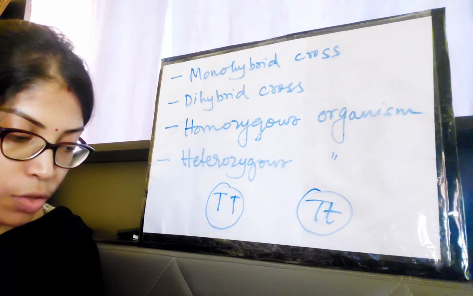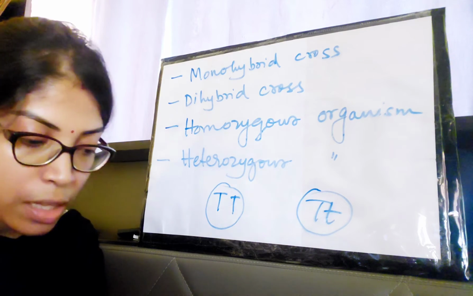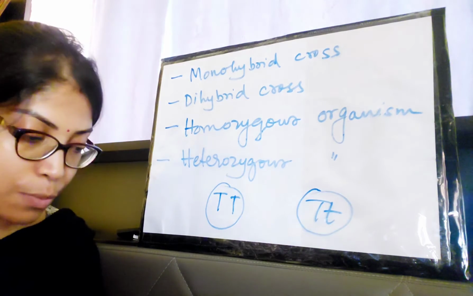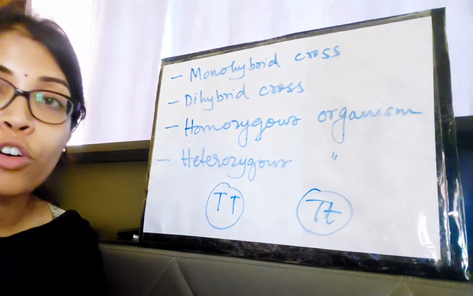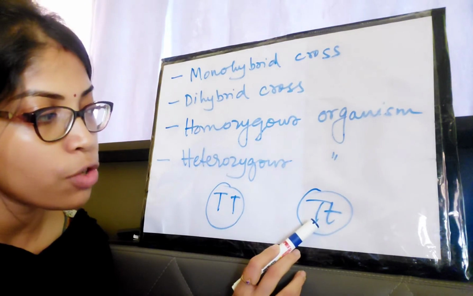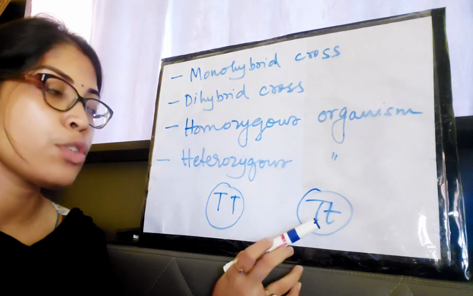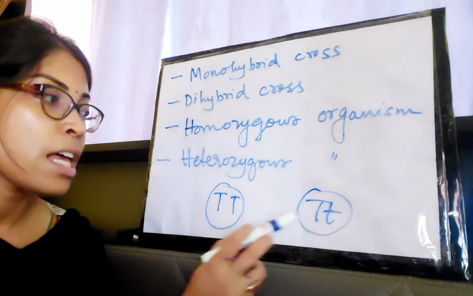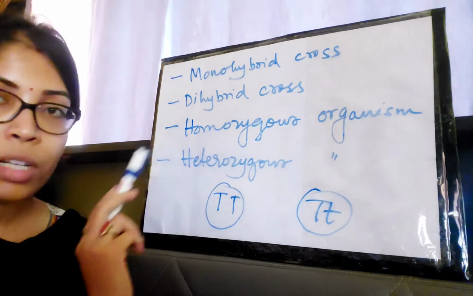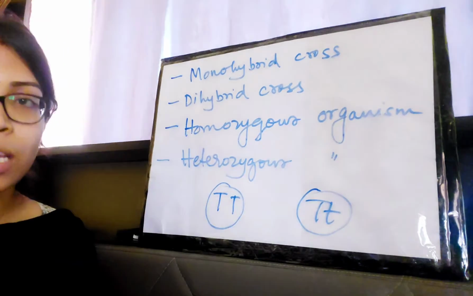Reading the definition of heterozygous organism from your book: when the pair of genes or alleles present in the corresponding locus of the homologous chromosome are of contrasting type. Here it is of contrasting type. One is capital T, which denotes tallness, one is small t, which denotes dwarfness. That is why this is of contrasting types, that is why it is known as heterozygous organism.